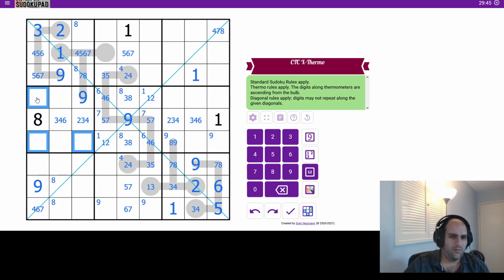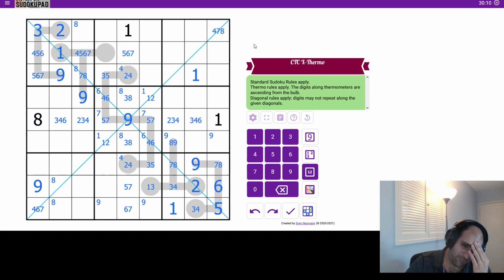One in this box is in one of these 3 spots. Something stupid's probably staring me right in the face and I just can't see it.